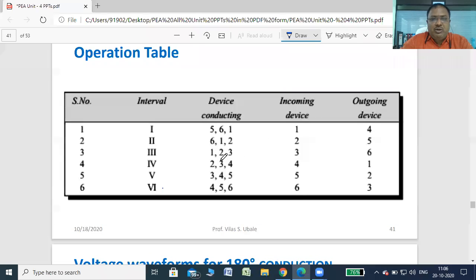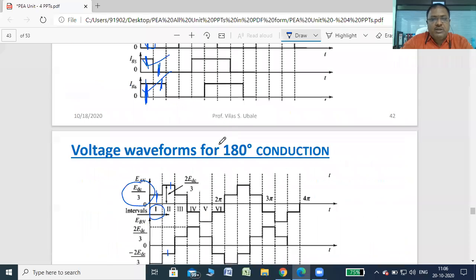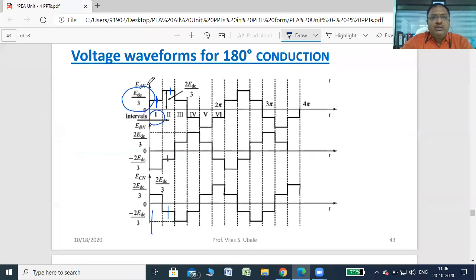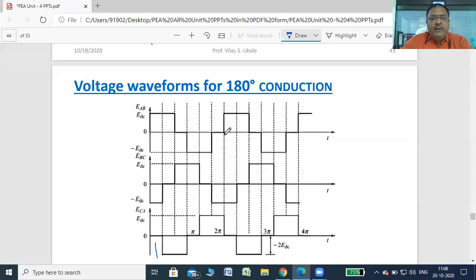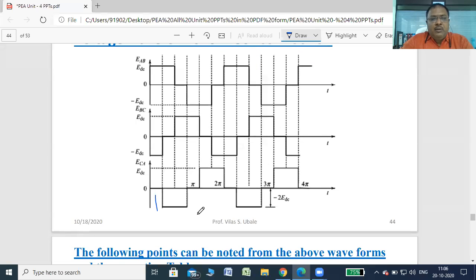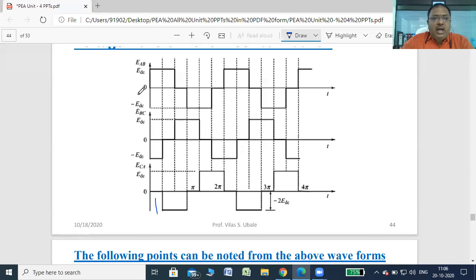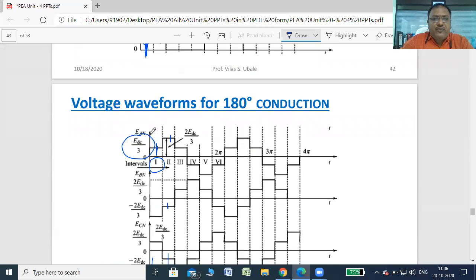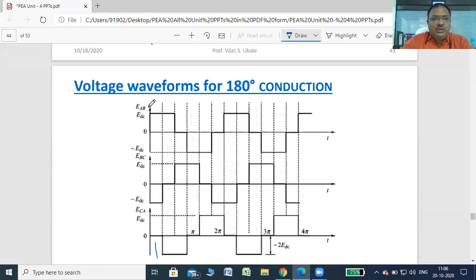You can explain the working of this circuit with the help of this table and these waveforms, right? These are the voltage waveforms for 180 conduction mode. These are basically called phase voltages, and these are line voltages.